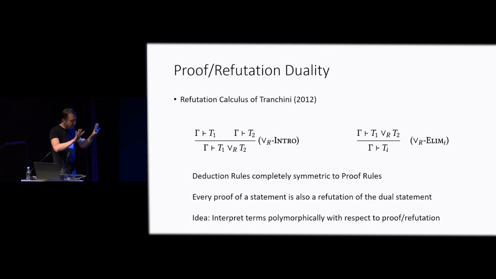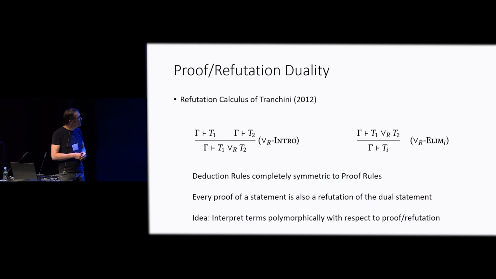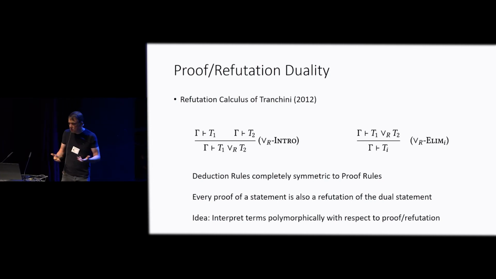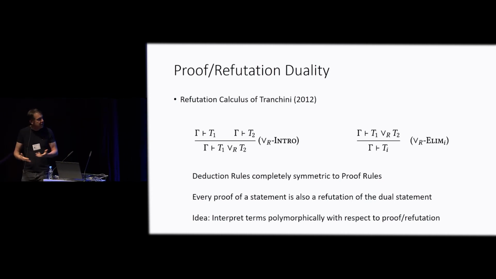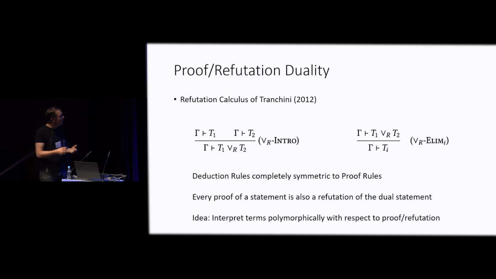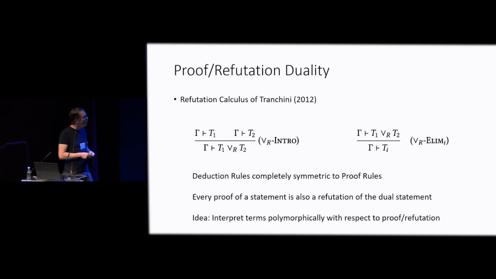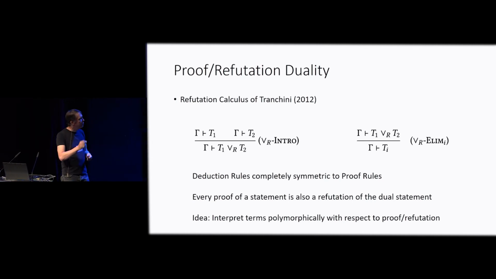It's not about programming, it's only in the logic domain, for refutations. What's compelling about this work is that he set up a refutation calculus that looks exactly like the natural deduction calculus that we know of, except that all connectives are replaced by their respective duals.